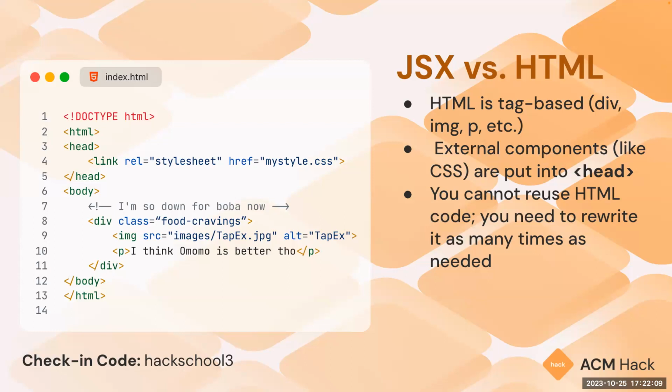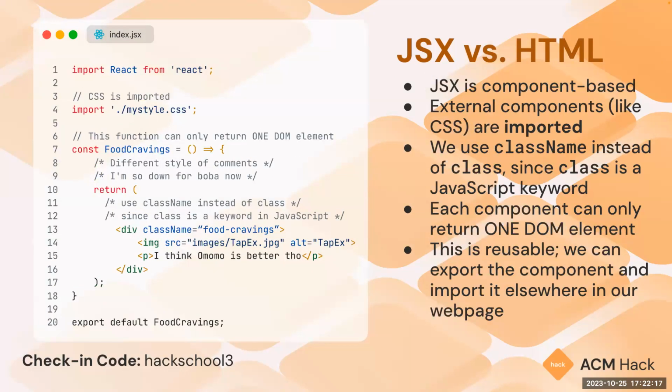That's what makes React and JSX super useful, because it allows you to reuse what you've written before. That's what it means to be component-based. You can import existing components into a different component and then keep reusing them as much as you want. And this is all going to be super clear when you start making the actual application.